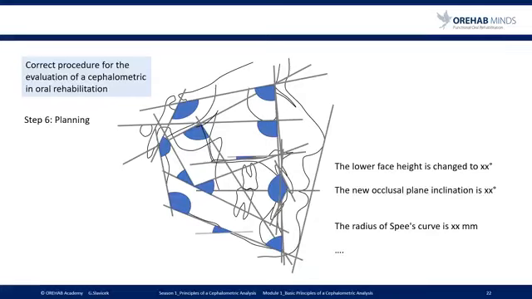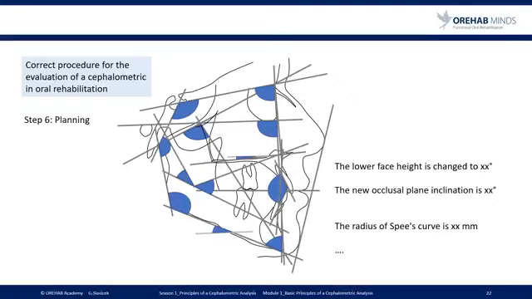And finally, based on these measurements, we can do step number 6, the planning. We have to change the lower facial height to this degree, and that means a change of about 5 degrees. And then we will learn how to transfer this to the incisal pin of the articulator.